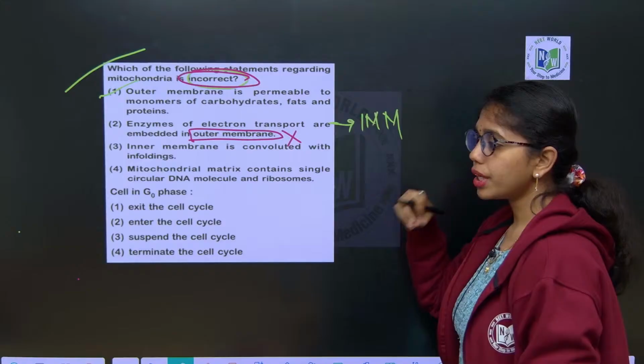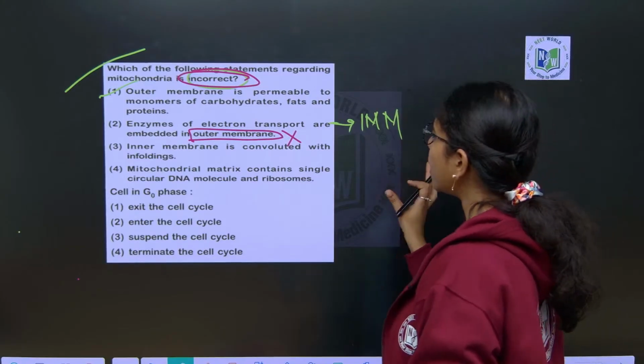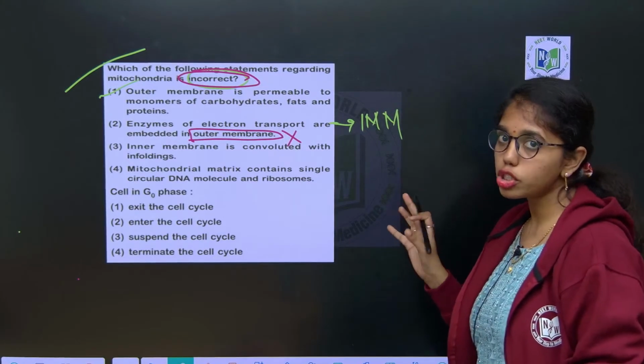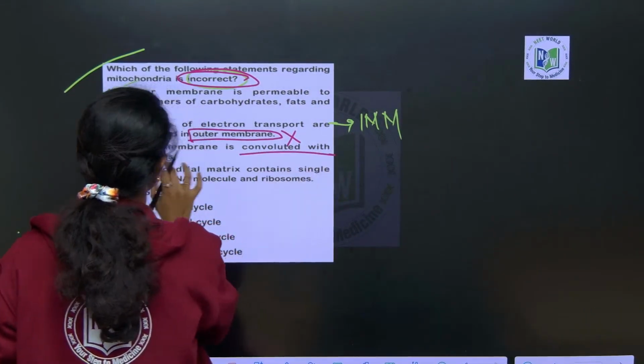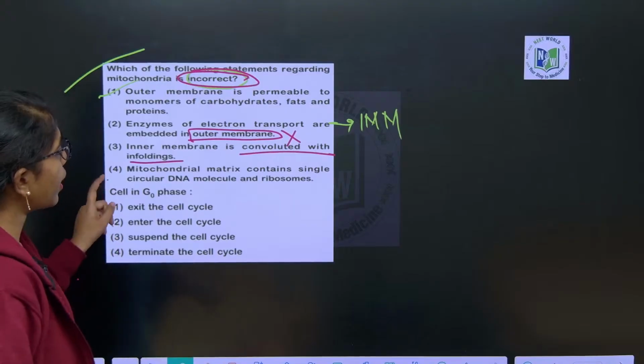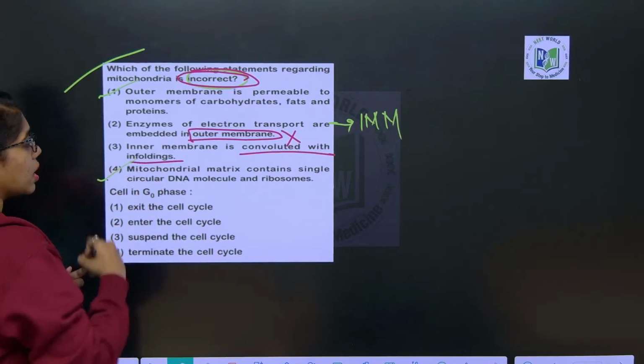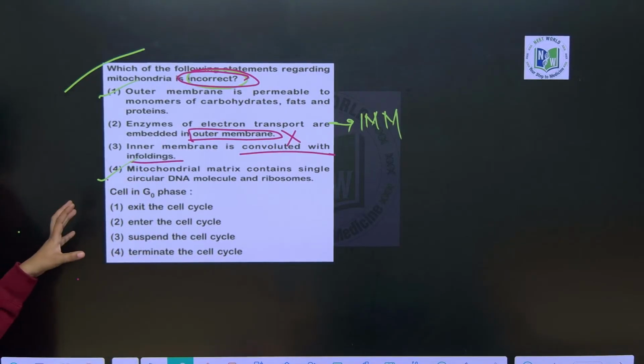And outer membrane is totally permeable, whereas inner mitochondrial membrane is not completely permeable. It has many enfoldings called cristae. Mitochondrial matrix consists of single circular DNA and ribosomes. All of it is correct.